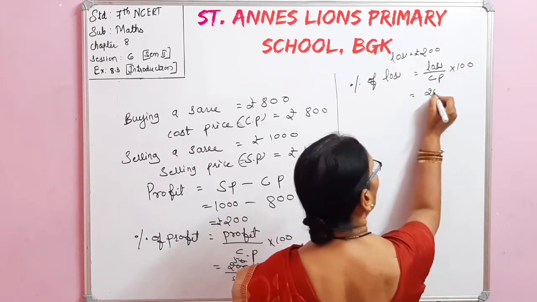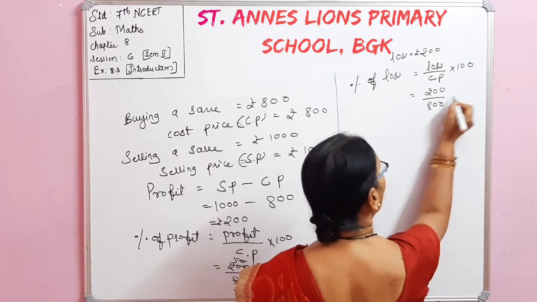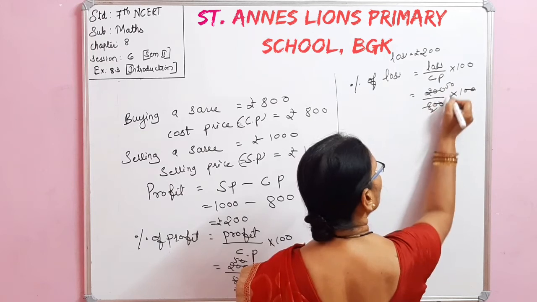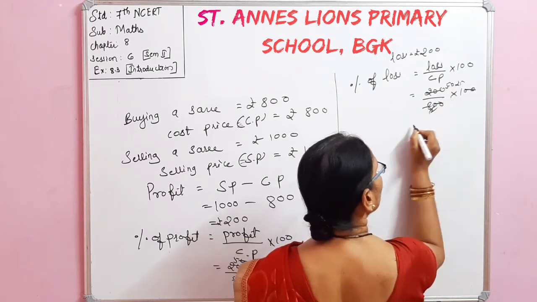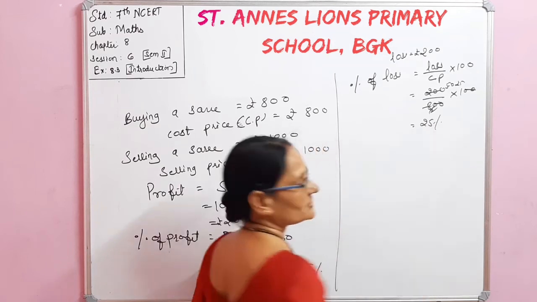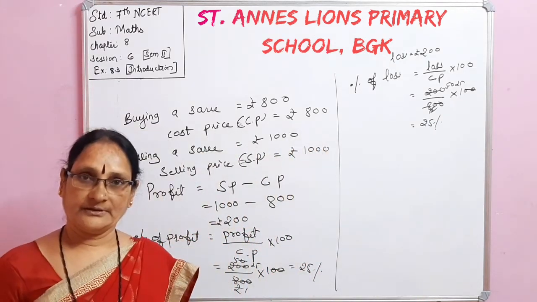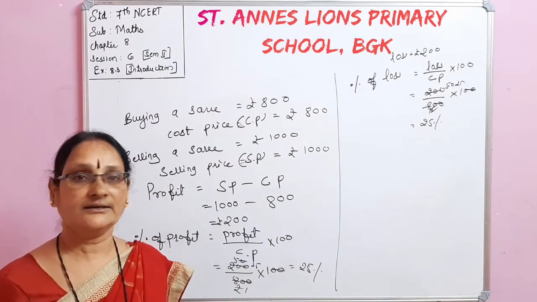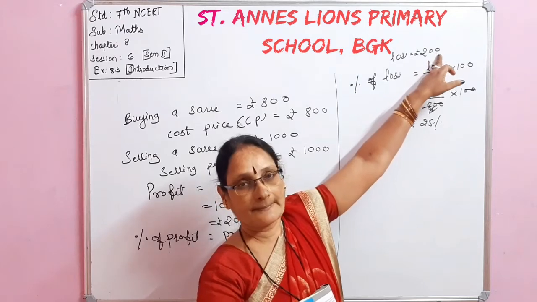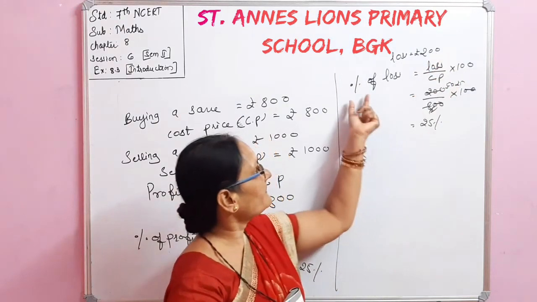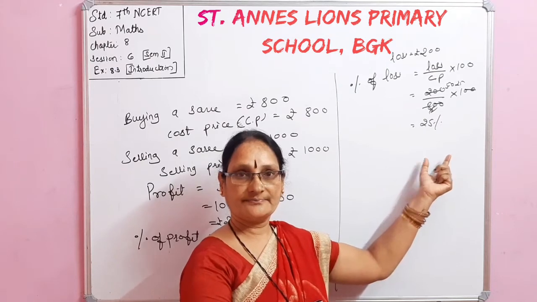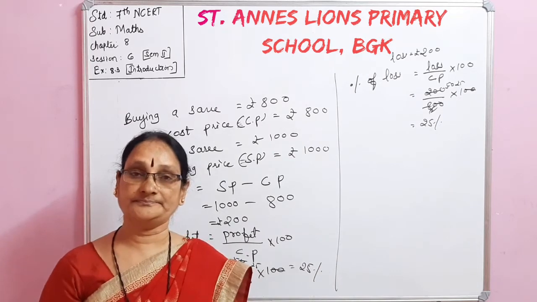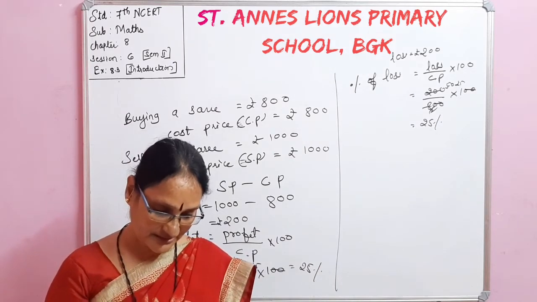The loss I got is 200, CP is 800, into 100. 4 twos are 8, so 25% loss. I purchased the sari for 800; if I sell it for 600, my loss is 200 rupees. The percentage of loss is 25%. Percentage of loss and percentage of profit can be calculated like this.